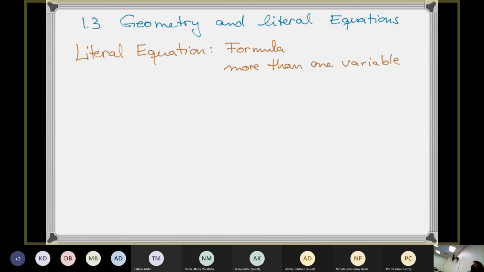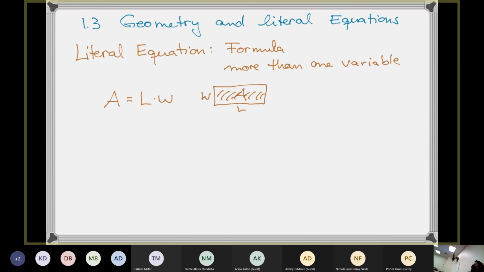More than one variable. And of course, speaking of formulas, we all know the formula for the area of a rectangle, length times width. You don't have to memorize formulas, they will be given to you. So let's say here's the width and here's the length. The area, of course, is everything in here. That's the area.